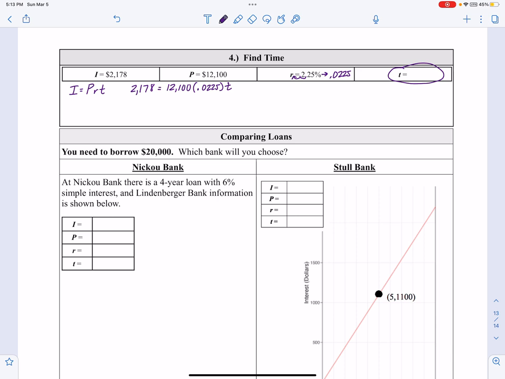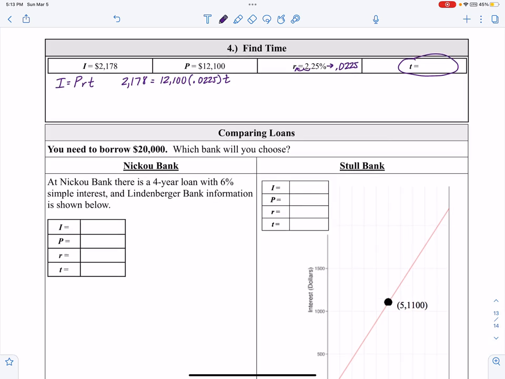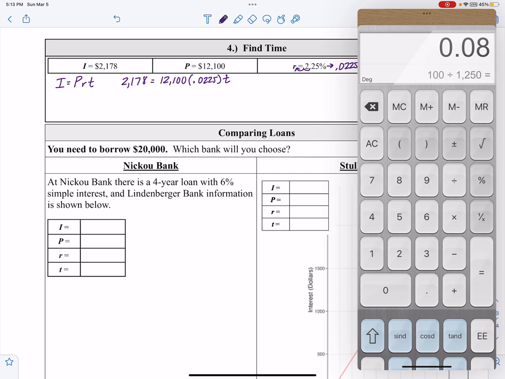All right, let's go ahead and isolate the variable. We can solve the numbers next to the t first. So 12,100 times 0.0225 equals $272.25 times t equals 2,178.